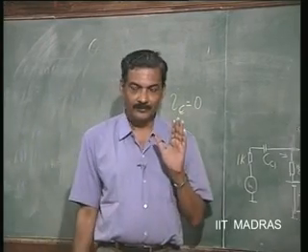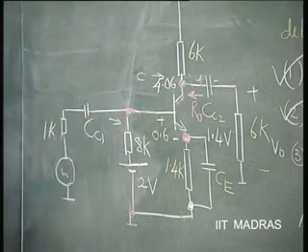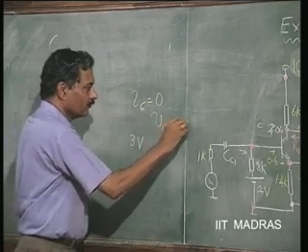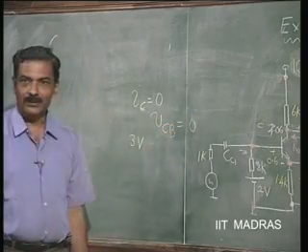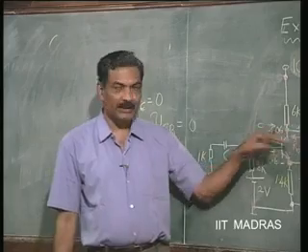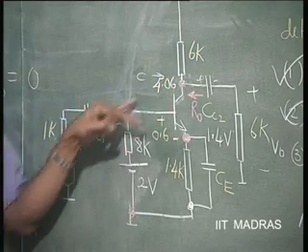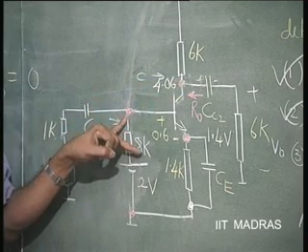Now, as far as the other thing is concerned, the instantaneous value of VCB should go to 0 when it goes to saturation. The actual VCBQ is 2.06 volts, 4.06 minus 2 volts.